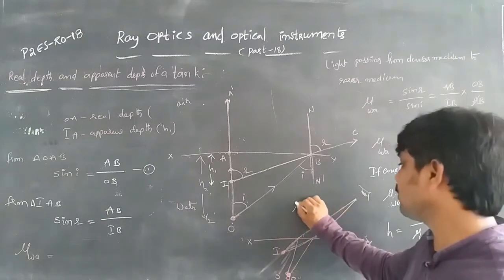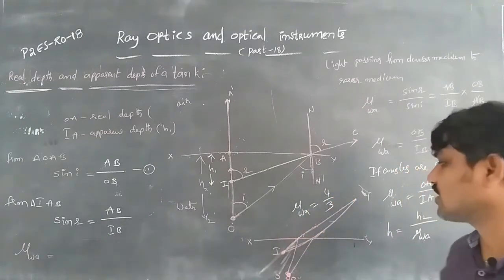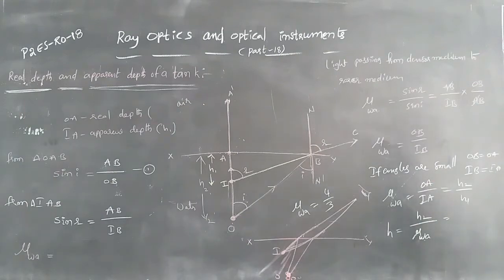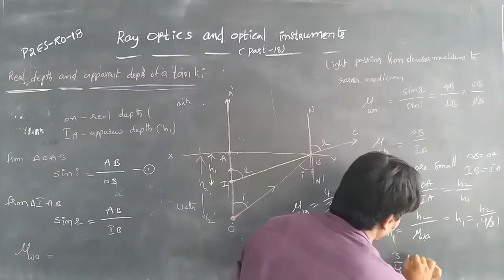So the refractive index of water with respect to air is 4 by 3. Then H1 is equal to H2 by mu, so H1 is equal to H2 by 4 by 3. That is, H1 is equal to 3 by 4 into H2.